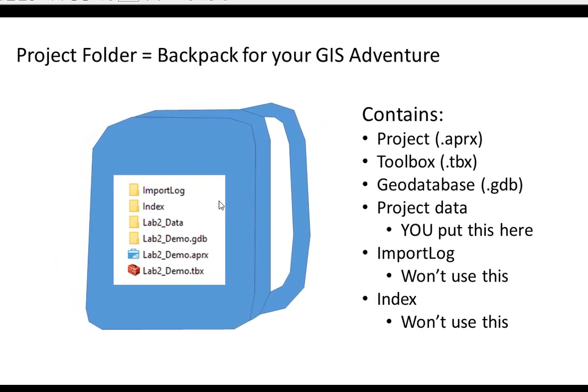Because if you don't, if your data is not within that same exact folder, you will have problems with missing data. You'll get really alarming red exclamation points, and you may think that you've lost all of the work that you did, but it's okay as long as you put your data in this folder.